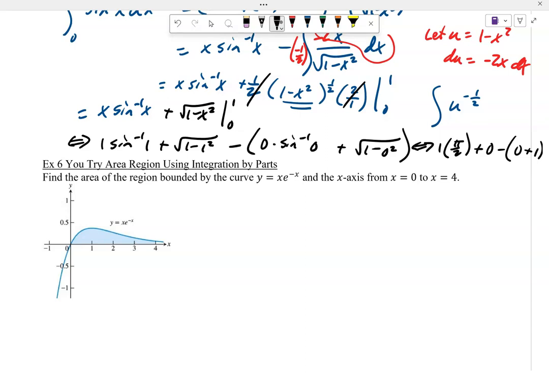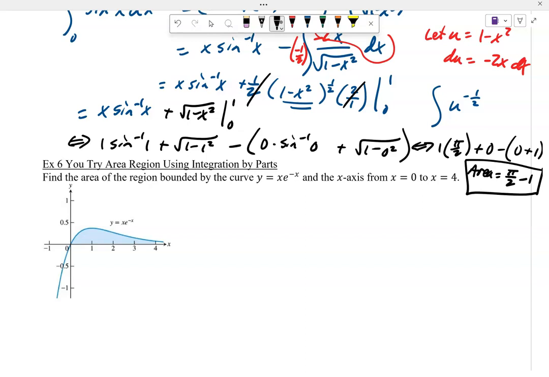So we got pi halves minus 1. Or, what's pi halves? 1.57 something, so 1.57 minus 1.